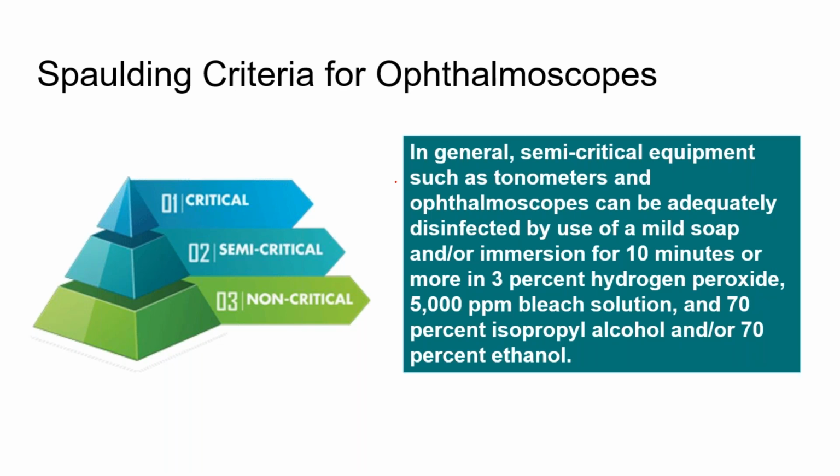So in general, semi-critical equipment such as tonometers and ophthalmoscopes can be adequately disinfected by use of a mild soap and or immersion for 10 minutes or more in 3% hydrogen peroxide, 5,000 parts per million bleach solution and 70% isopropyl alcohol and or 70% ethanol. Guys, it's Friday, give me a break today. My bad. Parts per million, 5,000 parts per million. All right, perfect. So that was something that we struggled with last week.